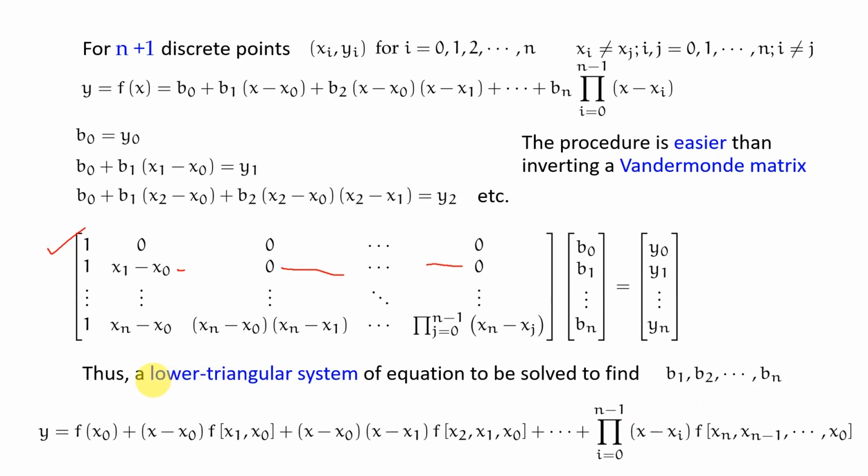Once we complete the solution, we can write Y as f of x0. You remember that that was our B0 plus (x minus x0) into f[x1, x0] plus (x minus x0)(x minus x1) f[x2, x1, x0], etc., and finally the product of (x minus xi) times f[xn, xn-1, etc., up to x0].